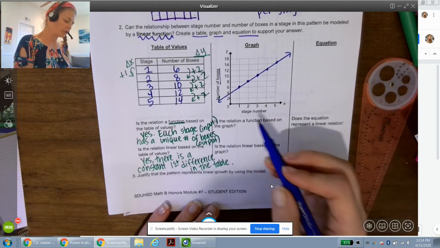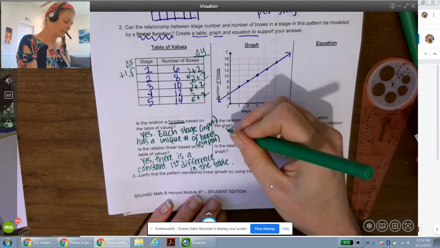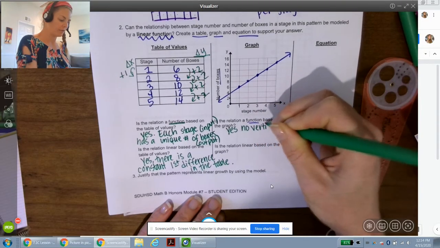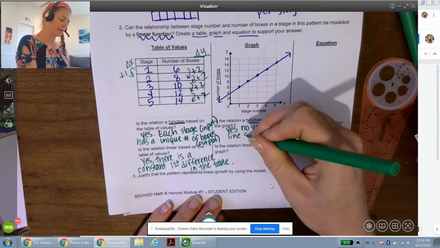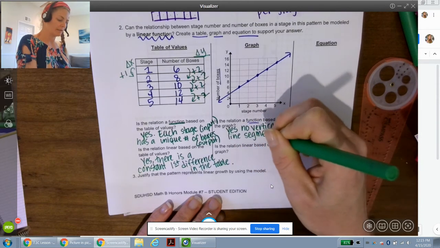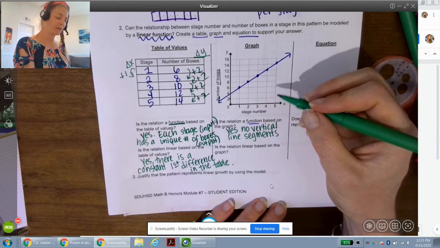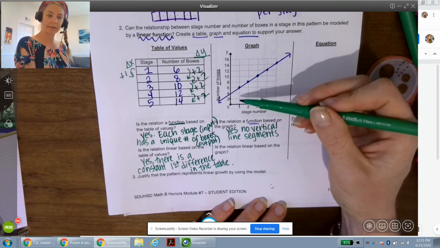So is this relation a function based on the graph? Yes. No vertical line segments. If a vertical line did exist in the graph, that would mean that one input corresponds with 2 different outputs.